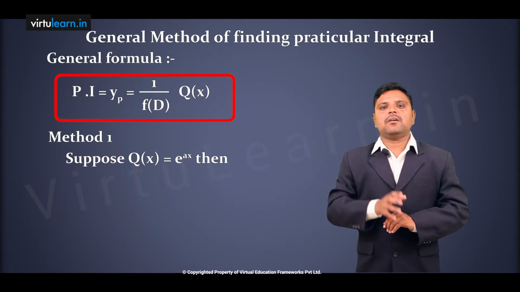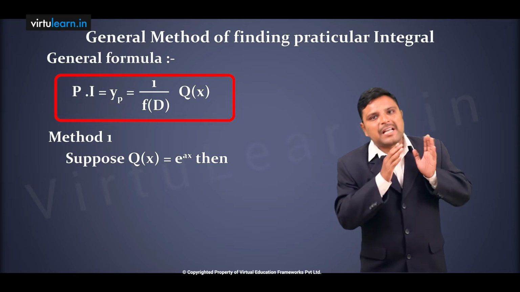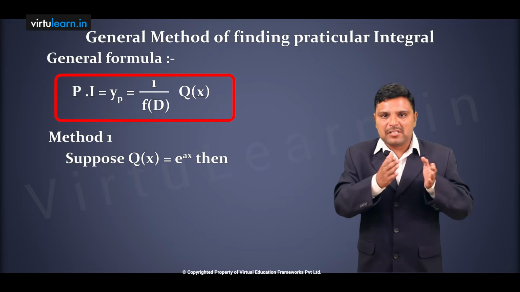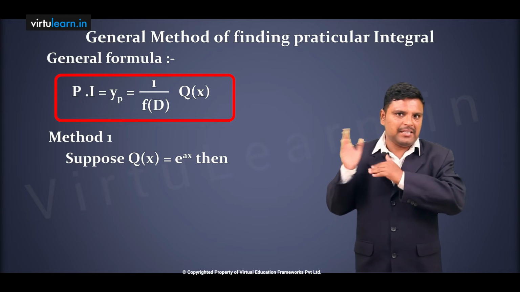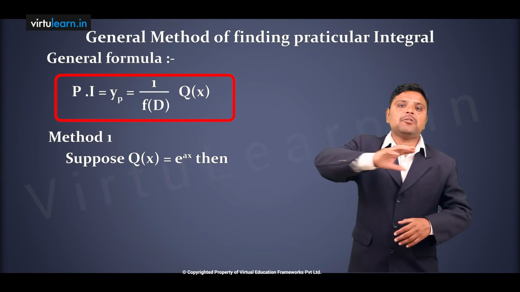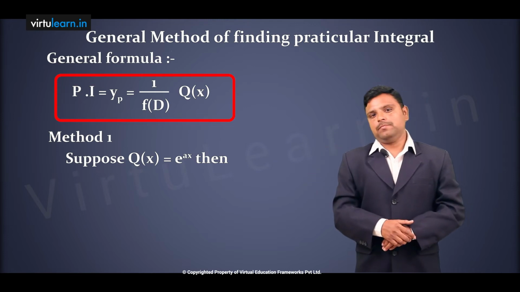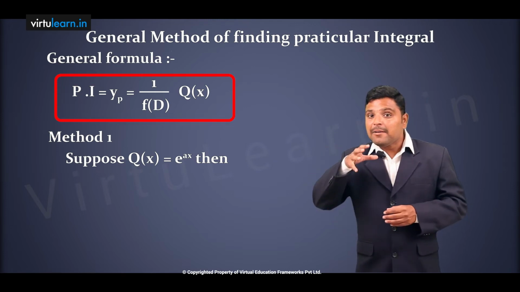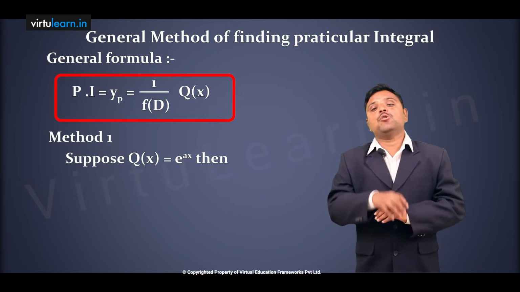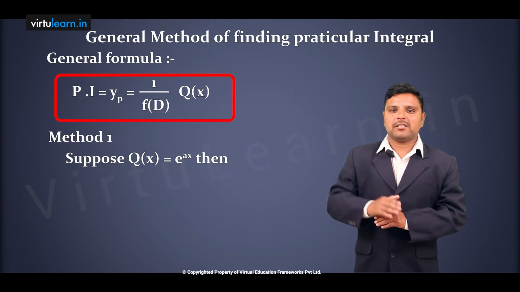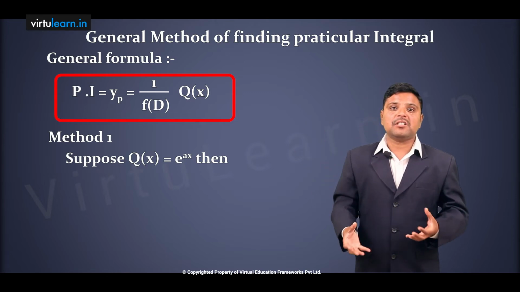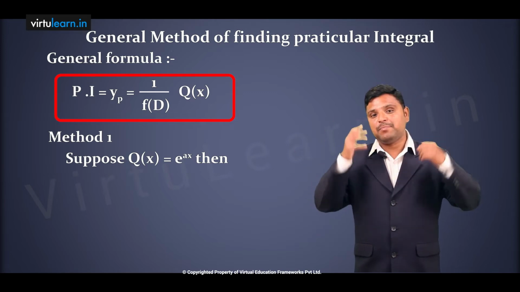Suppose in place of q of x you observe sin bx or cos bx, means sin 2x or cos 3x, that type of term. That is particular integral of type 2. In place of q of x, if you observe polynomials, like x square, x cube, x square plus 2x, this is particular integral of type 3.